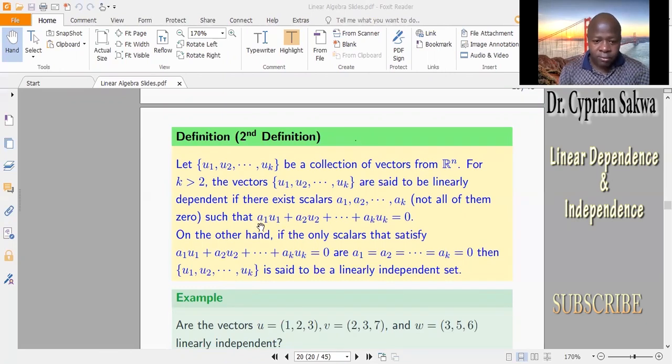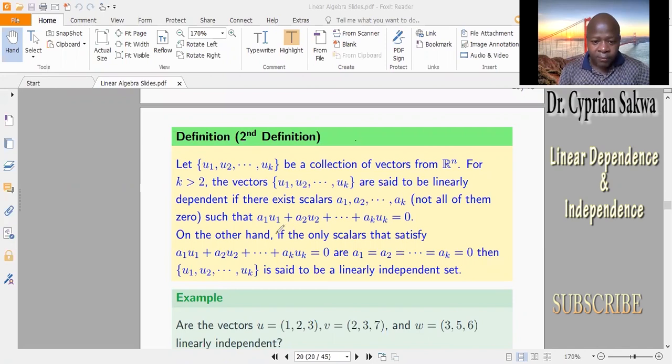Such that r1 times u1 plus r2 times u2 plus all the way up to rk times uk would give you 0. When these scalars exist and they are not all 0, such that r1 times u1 plus r2 times u2 plus all the way up to rk times uk gives 0, then we say that this set of vectors is linearly dependent.